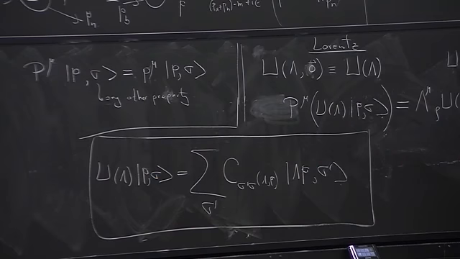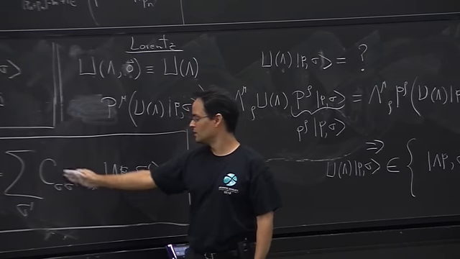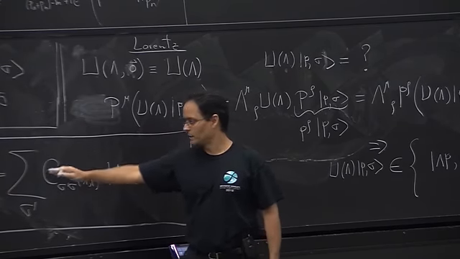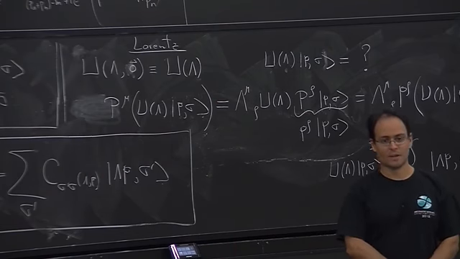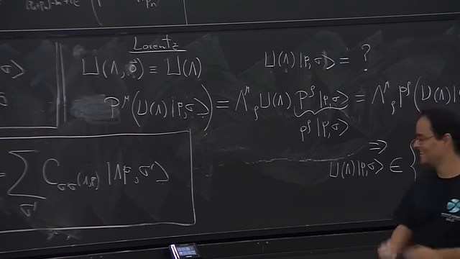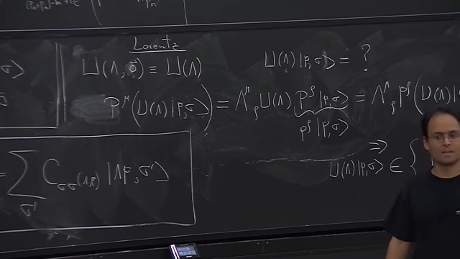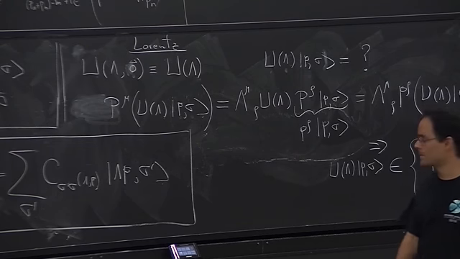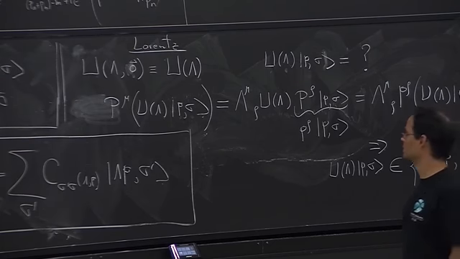Now, our job is to classify all possible ways this can actually happen. It sounds very complicated. And in fact, it is complicated if we just try like this. But there is a trick that will make our life simpler. But I'm not sure we have time today to actually go through the trick.